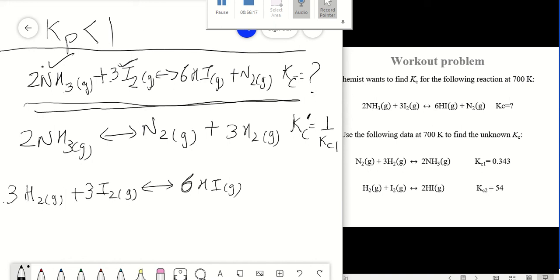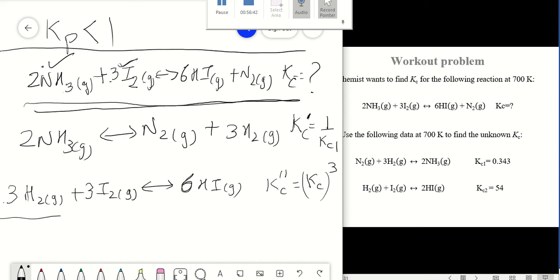Now that I multiplied this reaction by 3, what would happen to my Kc? So write it as Kc2 prime for this reaction. It is going to be whatever my Kc was previously, to the power of 3, since I multiplied this reaction by 3. Is there any other reactant that I see? No. So that's all, I think, right?